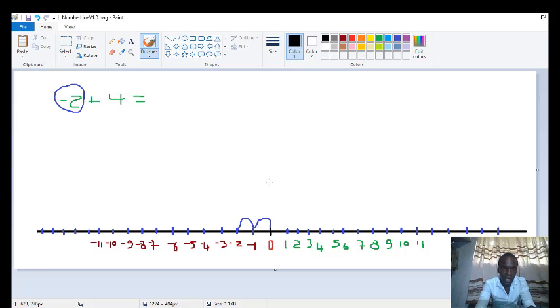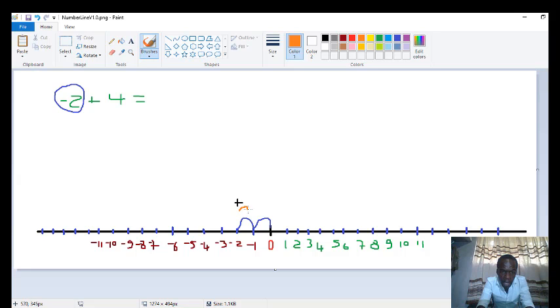Then it is a sum because we have the plus sign. Let's put the plus sign here. And now we have 4. What should we do here? Since 4 is positive, we need to move 4 spaces to the right from -2. I take another color like the orange one, and I start from -2.